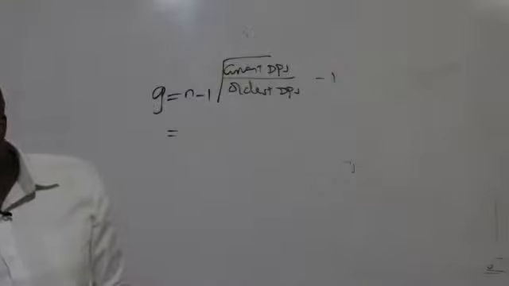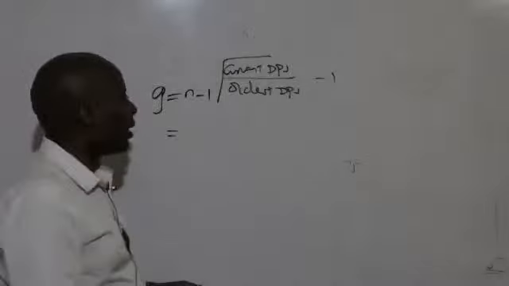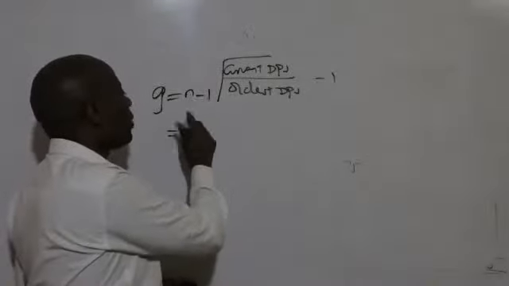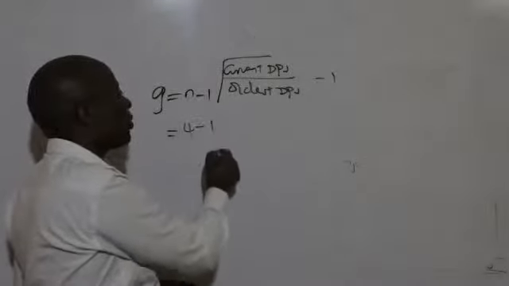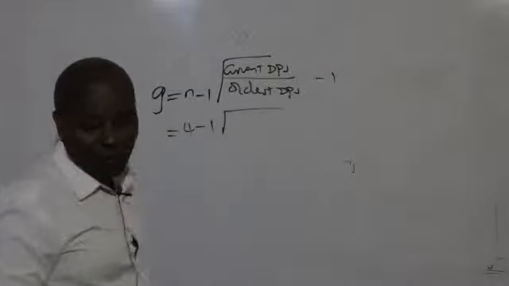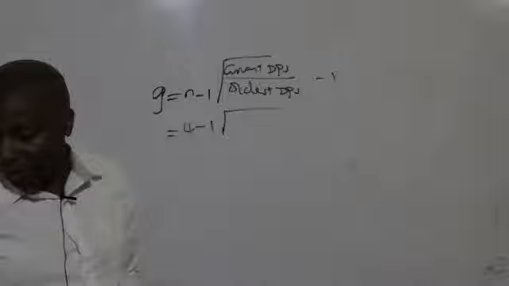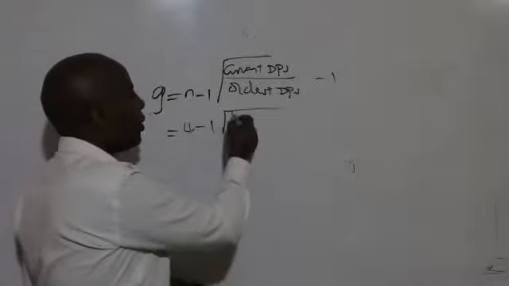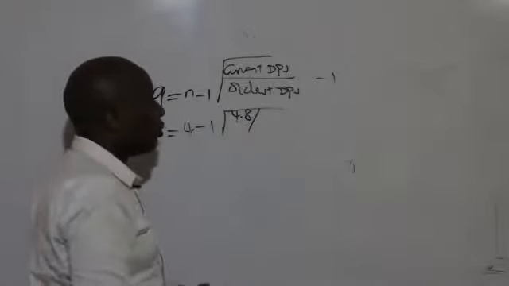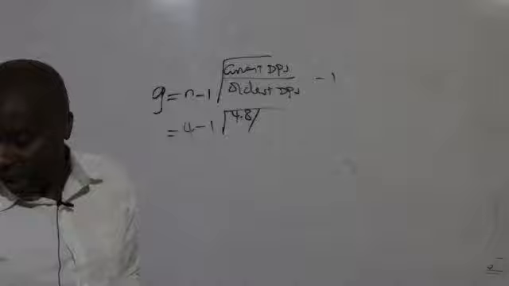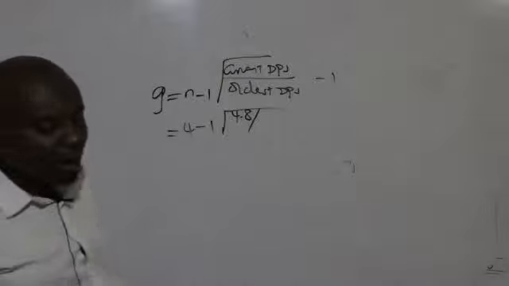So I can see the years are 2018, 2015, so we have got 4 years. So 4 minus 1 into current dividends per share, which is 4.8, all over oldest dividends per share, which is 4.